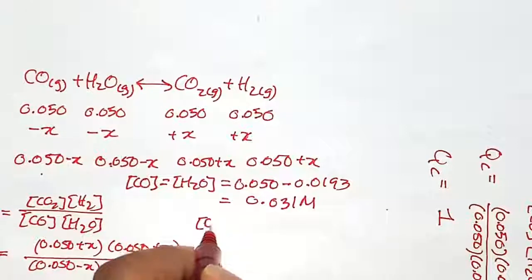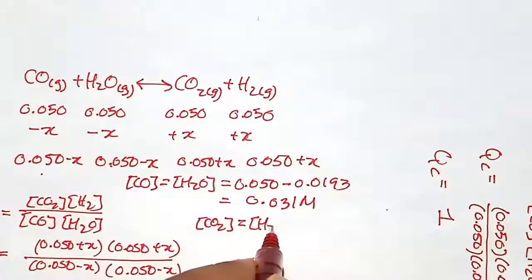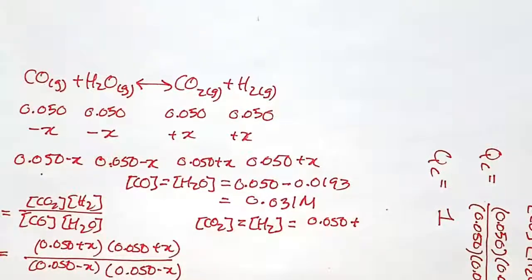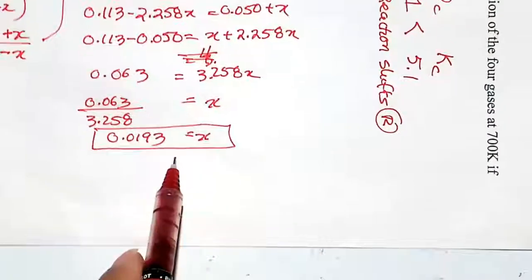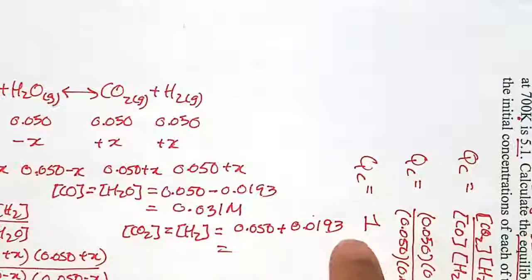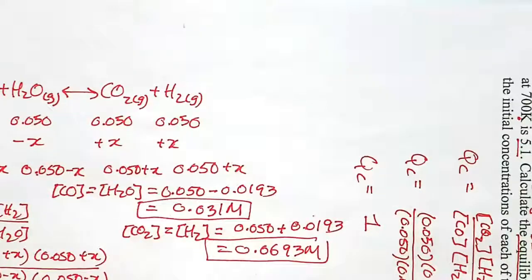And then my equilibrium concentration of CO2 should equal my equilibrium concentration of H2 gas, which is 0.050 plus the change x. Again, x is 0.0193, so 0.050 plus 0.0193 gives 0.0693 molar. These are our equilibrium concentrations.